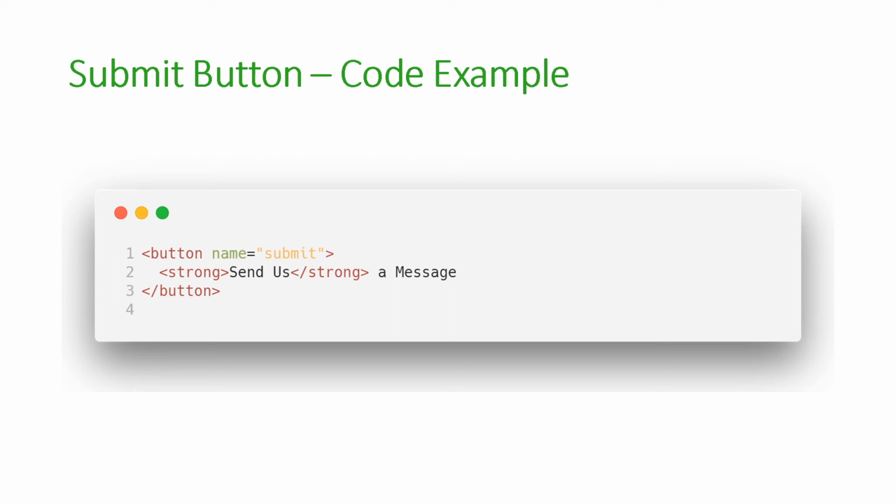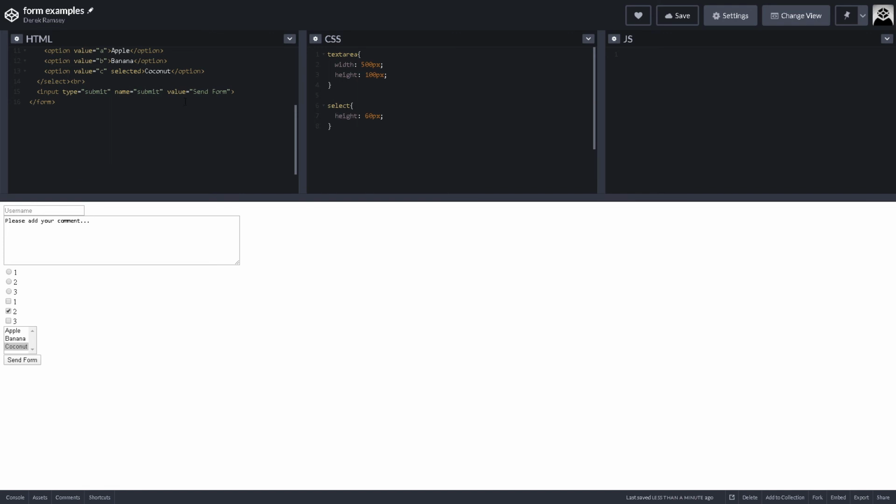I think it'd be a good example just to code this button. So let's head back over to our CodePen and code this button. We'll put a break here. We'll add our button tag. We'll give it the name of submit.